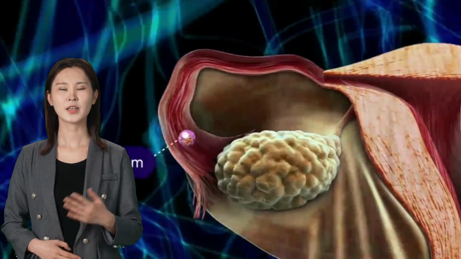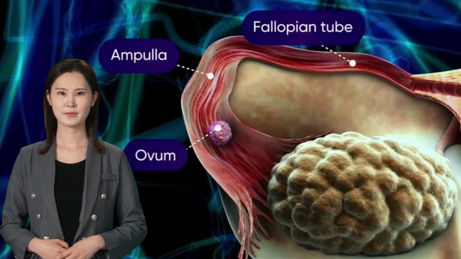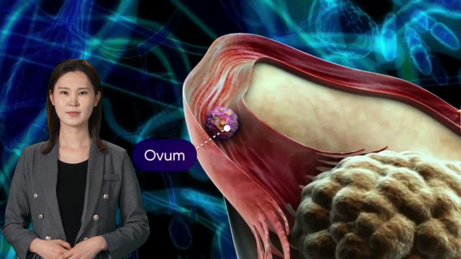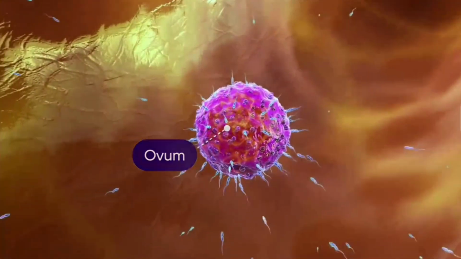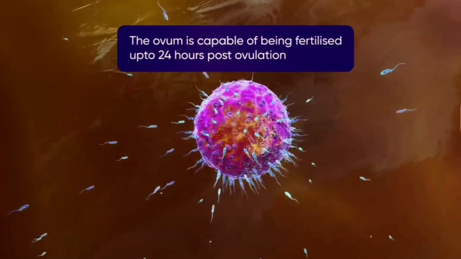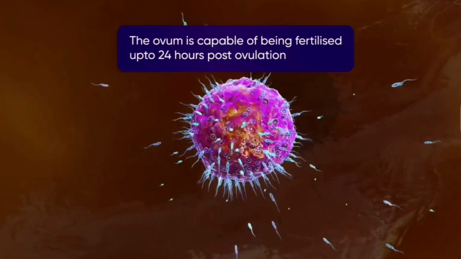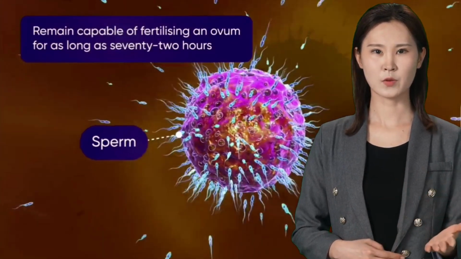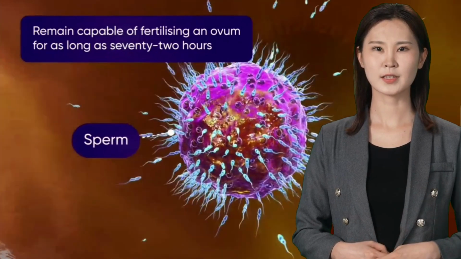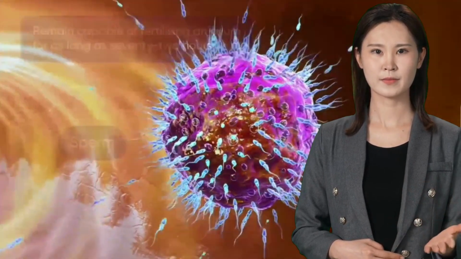In an adult female, during a normal menstrual cycle, only 1 egg is observed in the ampulla of the fallopian tube. It remains capable of being fertilized for only about 24 hours following ovulation, whereas sperm cells may remain capable of fertilizing an ovum for as long as 72 hours.